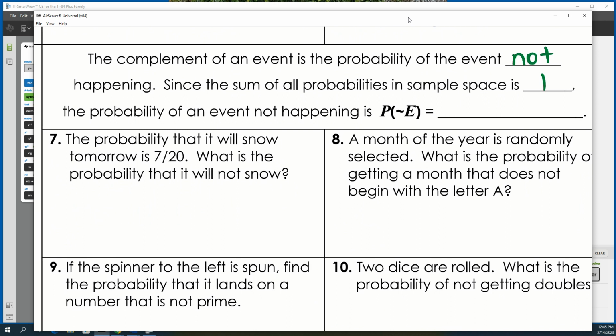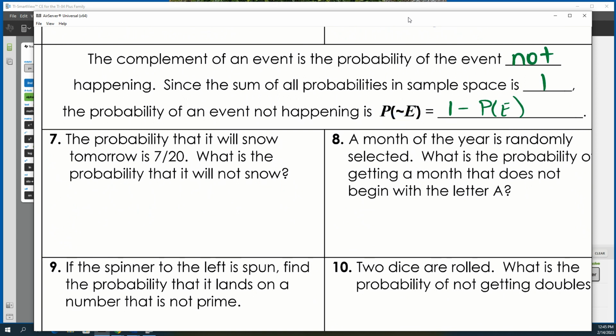The probability of an event not happening is 1 minus the probability that it does happen. And this symbol that you see right here, the little tilde, means not. So we want the probability of E not happening.